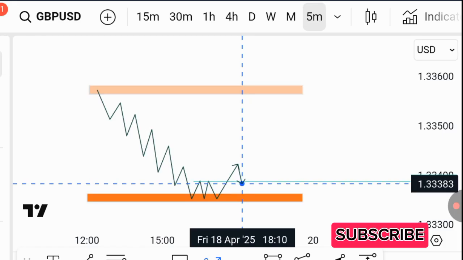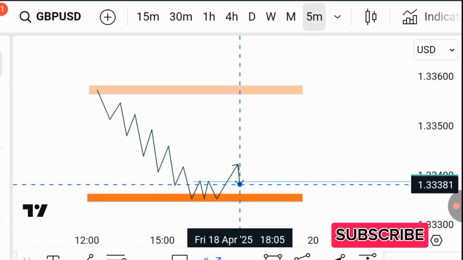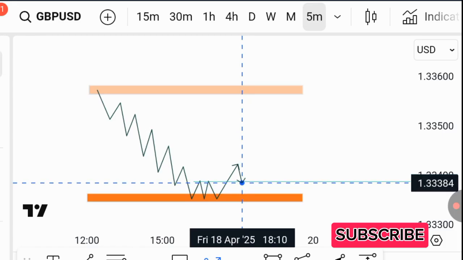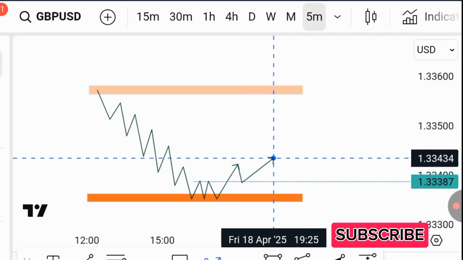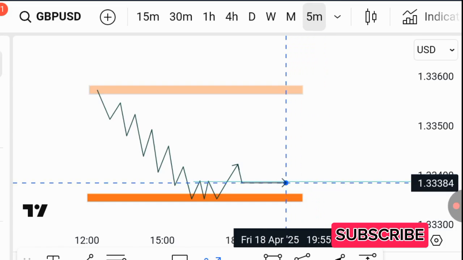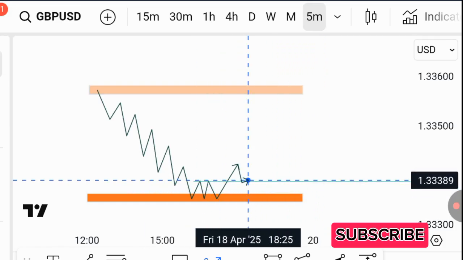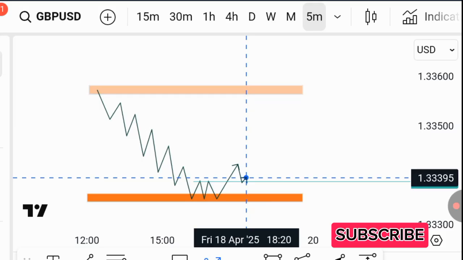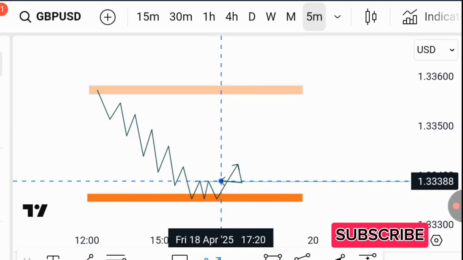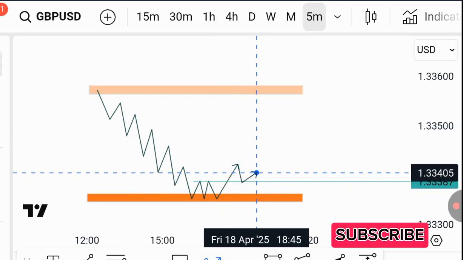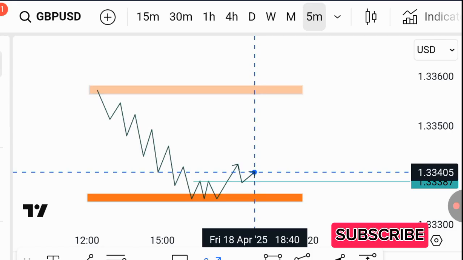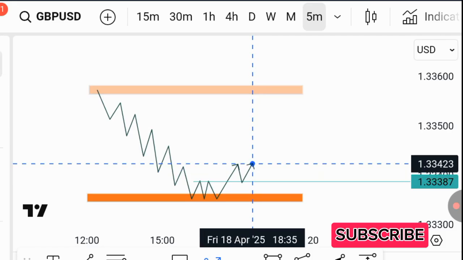So price retracing back. Now, if price retraces to the resistance area, which is this line here we drew, we mapped out our resistance, right? If it pushes back to this very high here, to this very area here, you are likely going to become the liquidity, right?